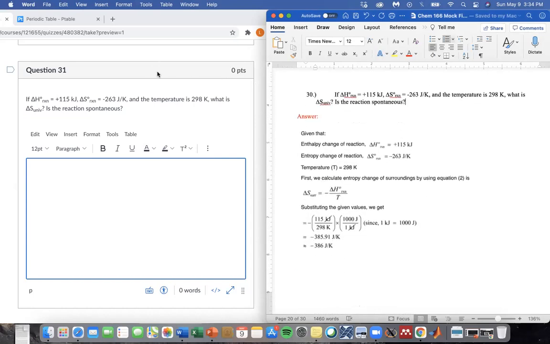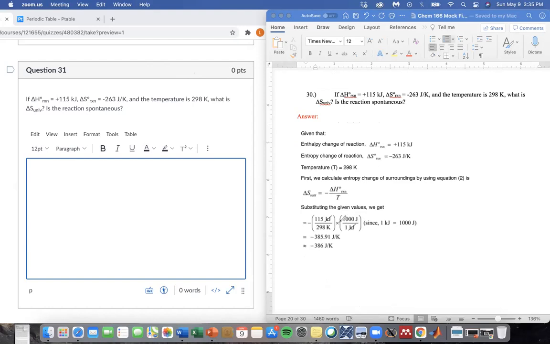So you would do delta S surroundings equals negative delta H reaction over temperature. And so you would do positive 115 kilojoules, but there's a negative sign in front of this reaction, so it would be negative 115 over 298 Kelvin.